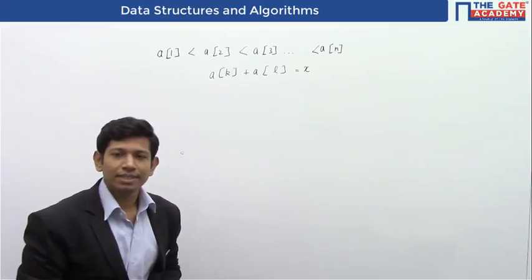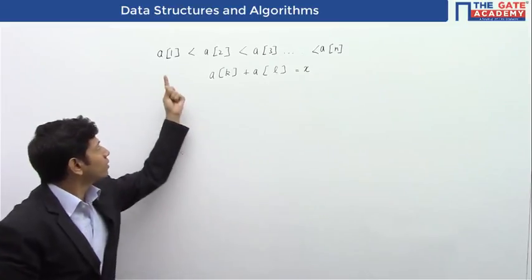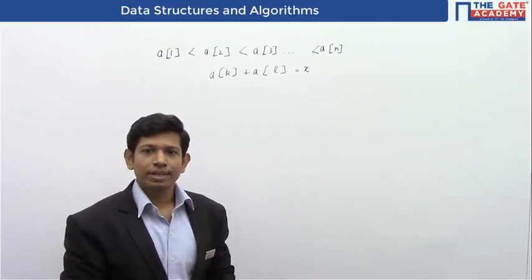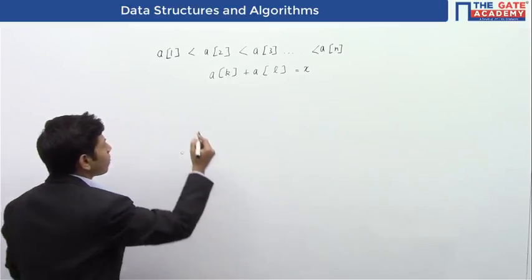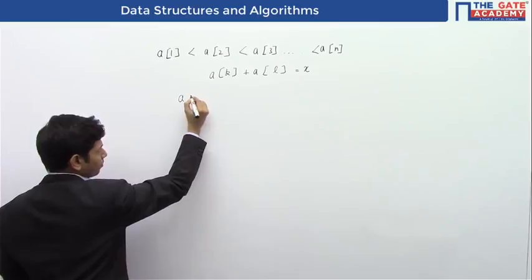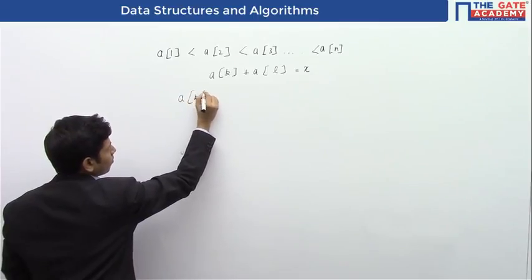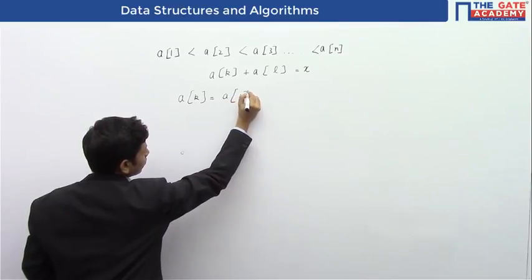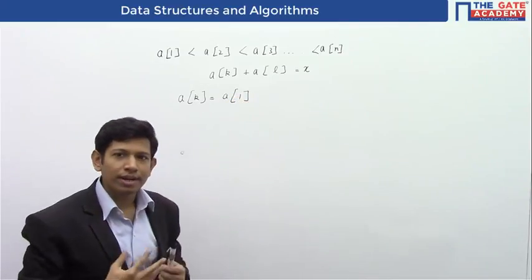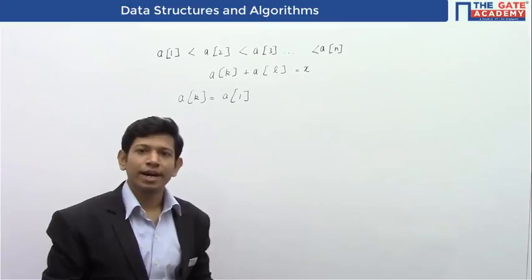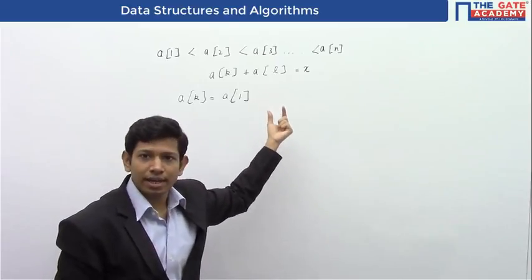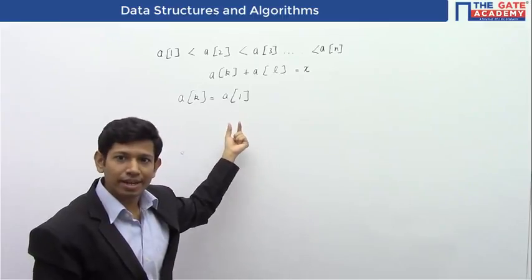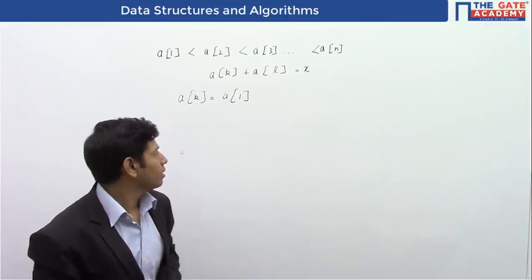Suppose we pick the first element as a of k. That is, we take a of 1 to be a of k, so k is equal to 1. Now what we are left with is that we have to find an element a of l such that a of k, that is a of 1, plus a of l is equal to x.